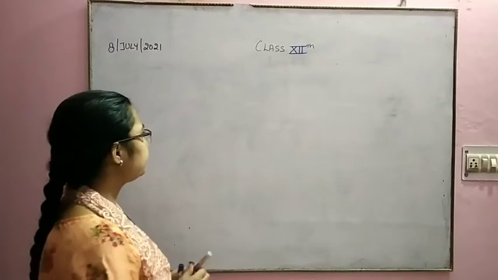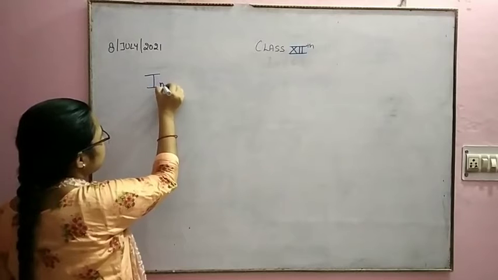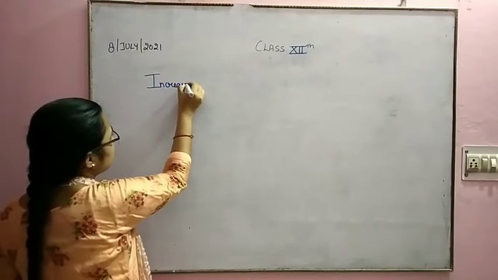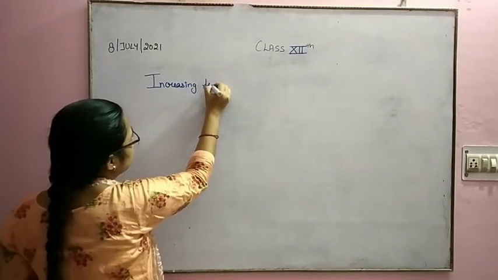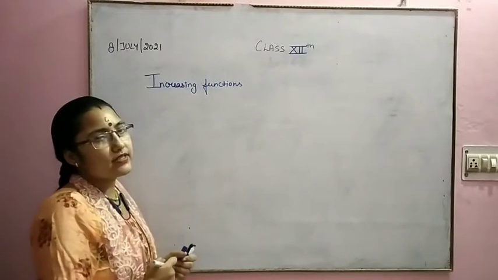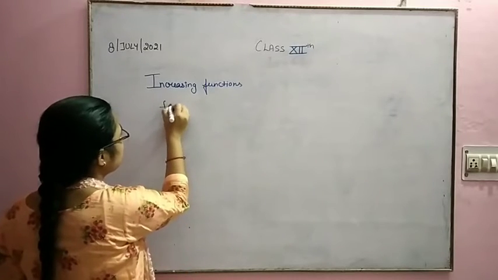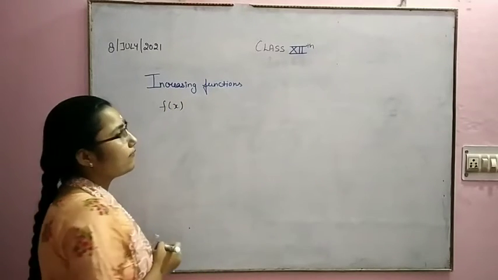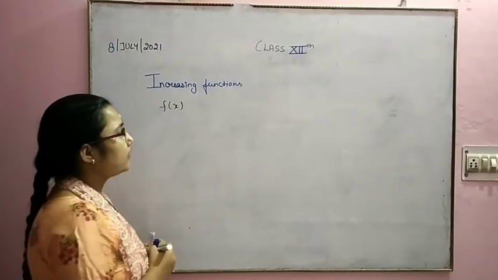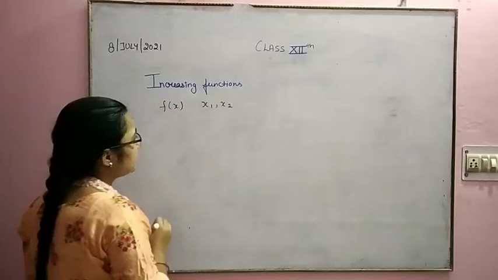So let's begin with the increasing function. Let us suppose f(x) is a function. Then we have 2 points in the given interval, x1 and x2.